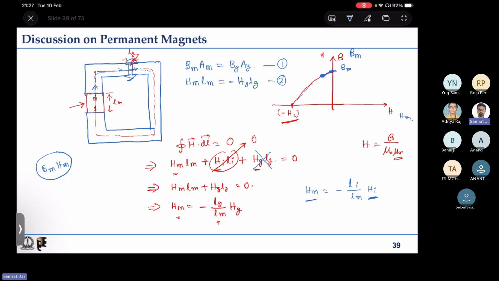So this Hg into Lg is nothing but the equivalent, and for a specific case it can be derived. If we divide 1 by 2, we have Bm Am divided by Hm Lm is equal to minus of Bg Ag divided by Hg Lg.